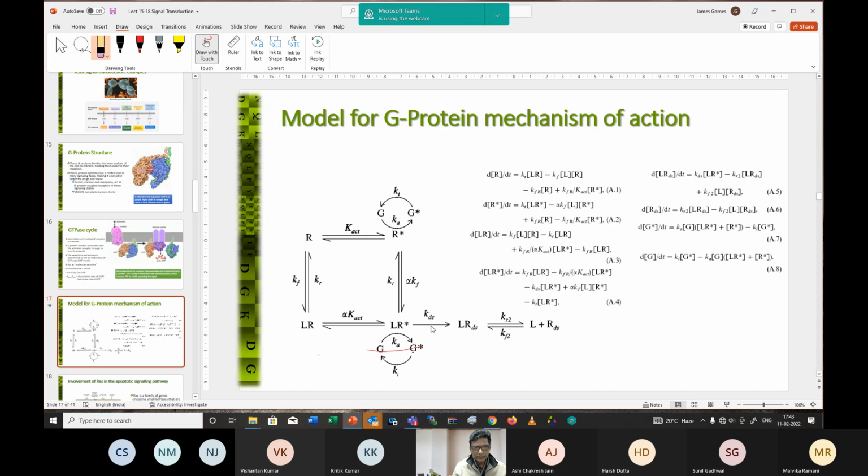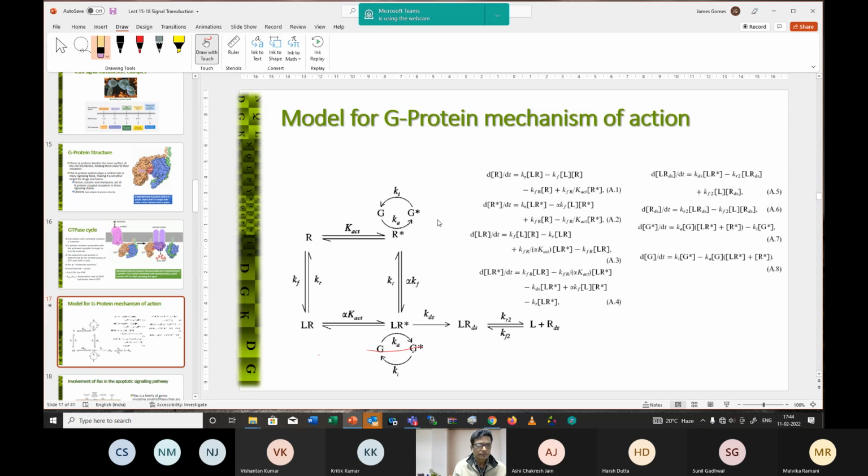When some dissociation takes place, this gets released, and then the ligand is either broken down or, it depends. Some receptors are synthesized, so in that case this will also be removed because the synthesis will stop and gradually this will get removed. So it just depends on the problem itself.